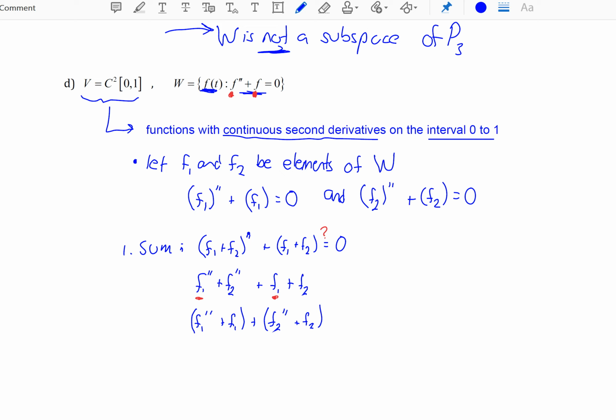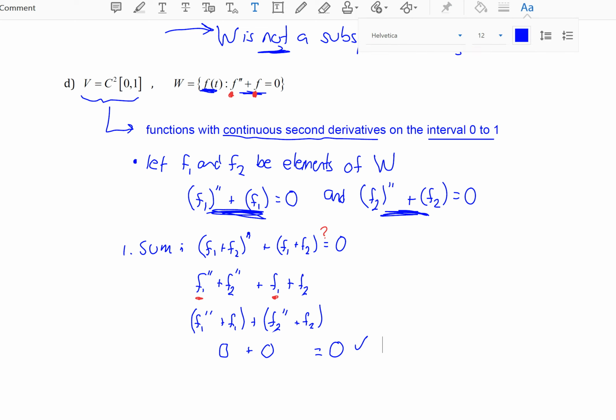Notice that since f1 was an element of W, this had to be 0. And f2 was an element of W, so this had to be 0. So notice that this is equal to 0, and this verifies that we have closure of vector addition.